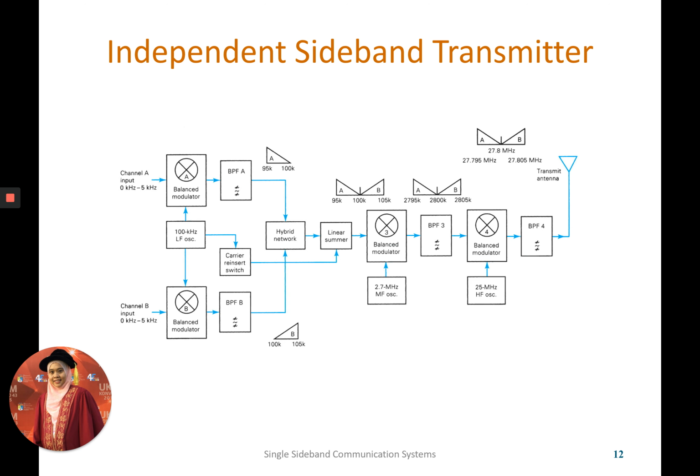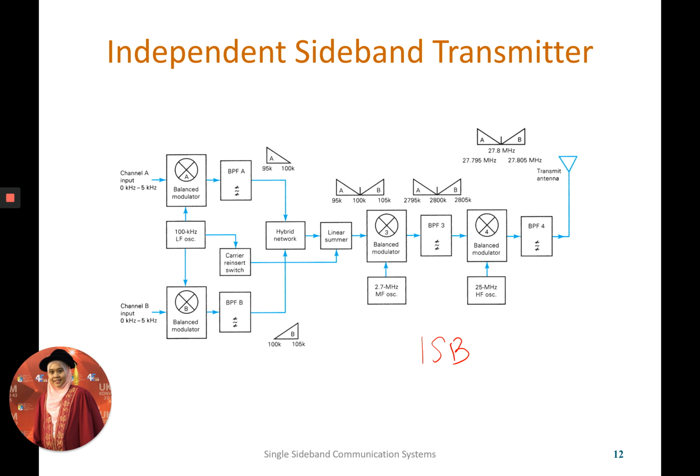Okay, this is the independent sideband transmitter, in order to produce the single sideband under ISB, the independent sideband signal.